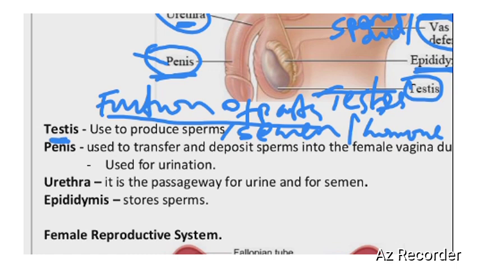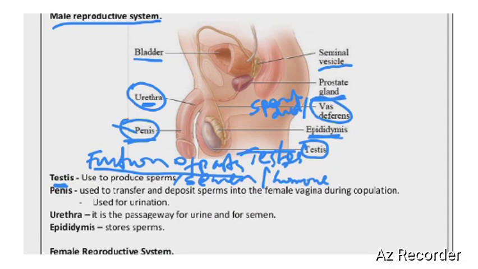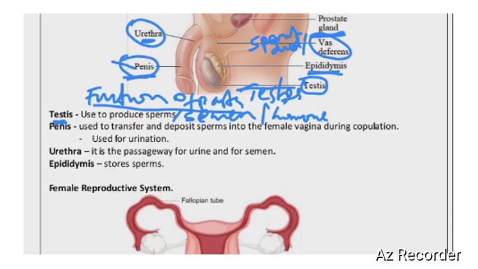So from there, we move to the second part, which is called the penis. Its main function is that it's used to transfer and deposit sperms into the female vagina during copulation.